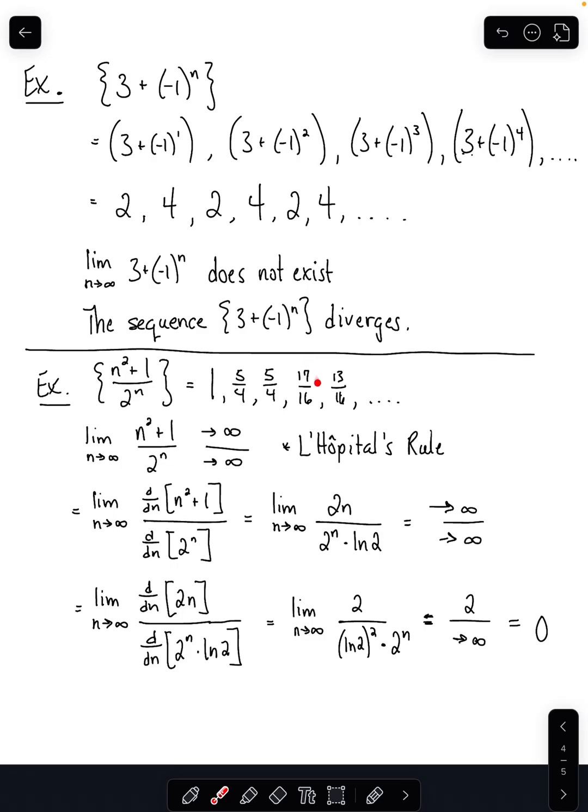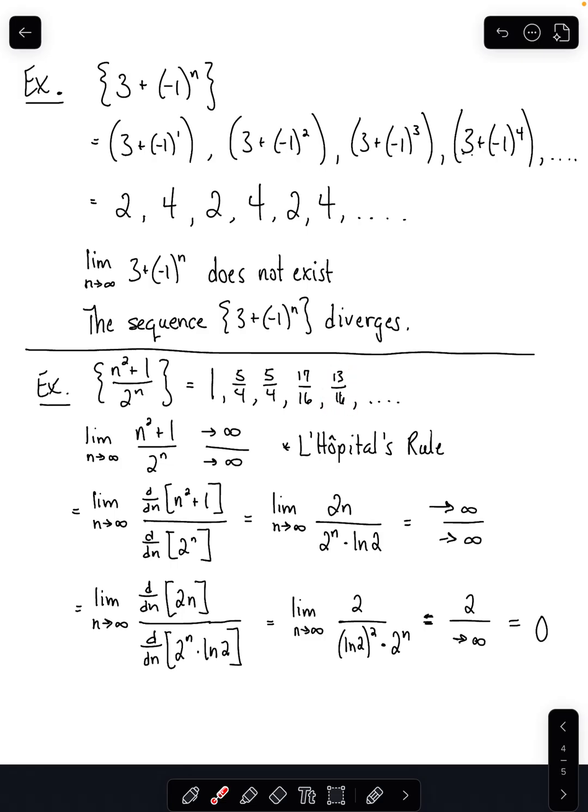And then after that, it starts to drop. Now, how do we know this drops? Because this is 1 and 1/4. This would be 1 and 1/16. So it is still bigger than 1, but it is not as much bigger than 1 as the previous term. The next term is even smaller than 1.